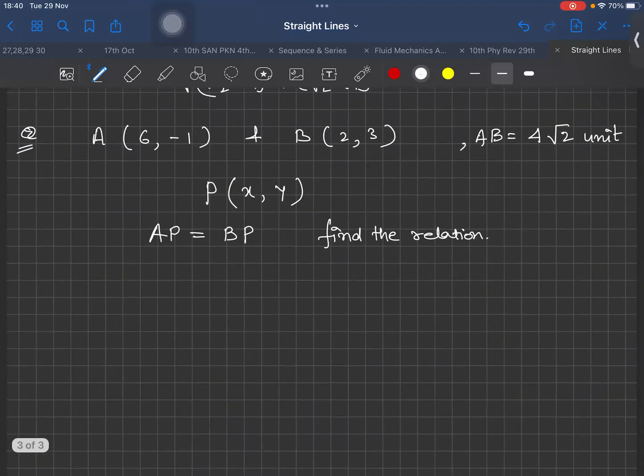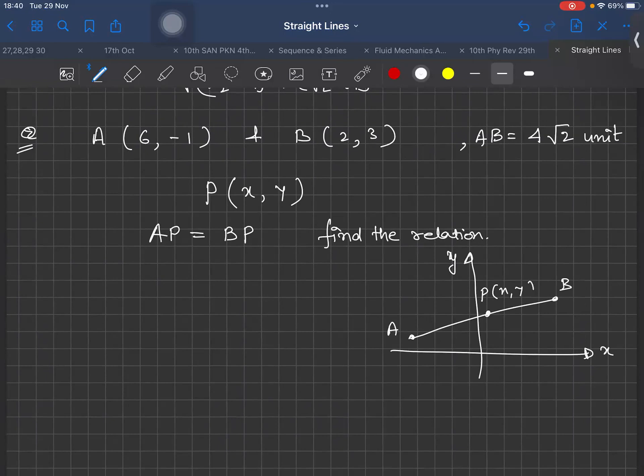Suppose you are given a coordinate system with some line AB, and P is here at the midpoint, (x, y). Relation means you have to find the equation. So you just do AP is equal to BP.